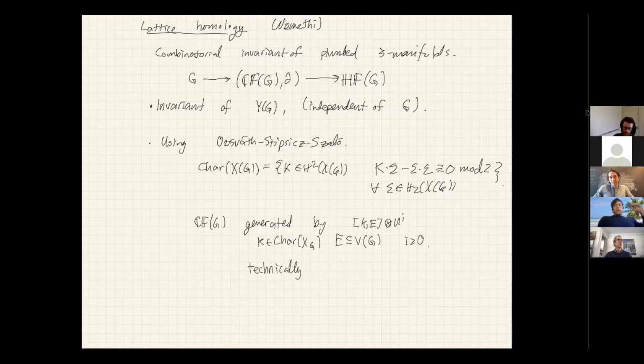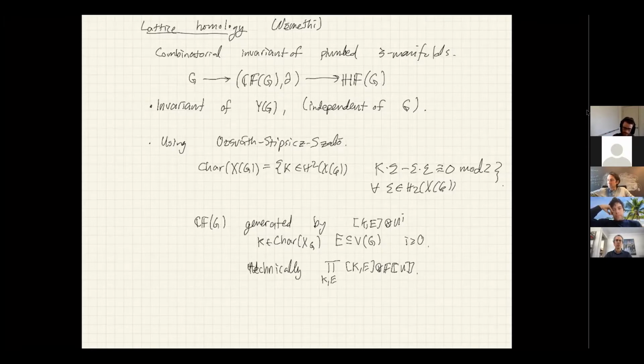So technically, if it's not negative definite, you'll need to work with the direct products over K comma E of these guys, and you work with power series rings. But formally, it's the same thing. There are some issues with completions.